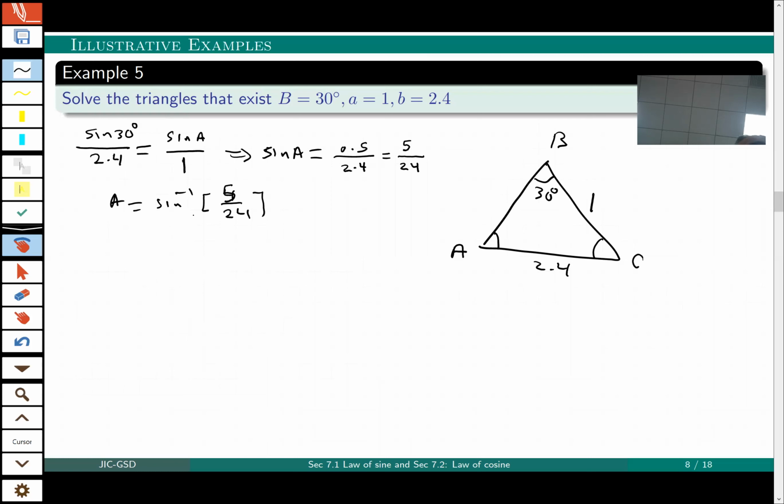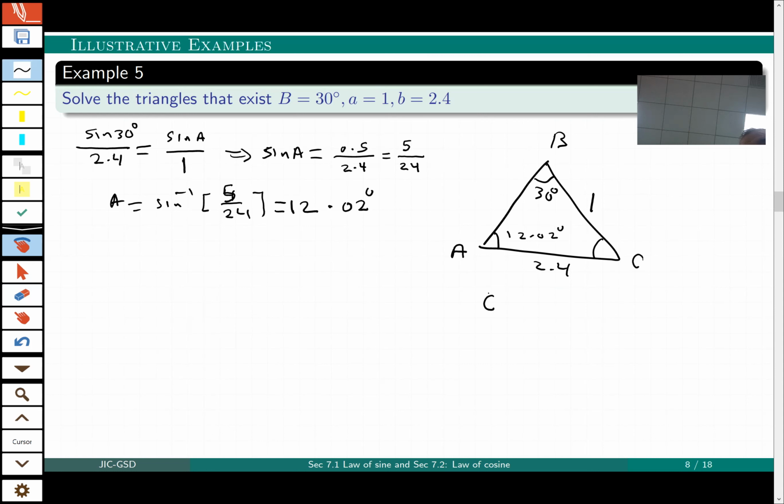Of course, to get the angle, I need to use the calculator. He could ask you in the exam to just find sine A, and that will be easy for the examiner. But if he wants the angle, he must allow a calculator, or he should give you a famous one. Anyway, the angle is 12.02 degrees.